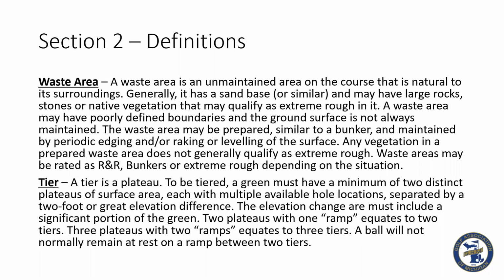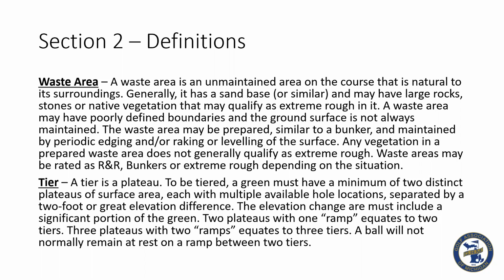Definition of a tier. We touched on this last week a little bit, but the tier is going to be taken care of by the measuring crew when they go out there. However, it's still something that we need to look at because we will apply it in the green target obstacle as well as the green surface. So it does apply in both cases.